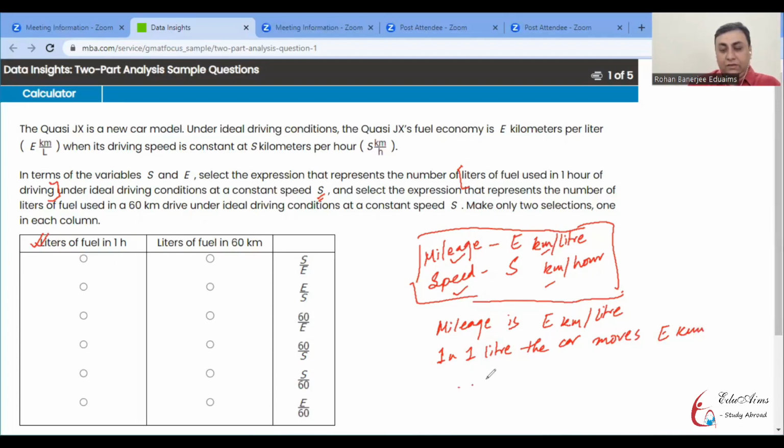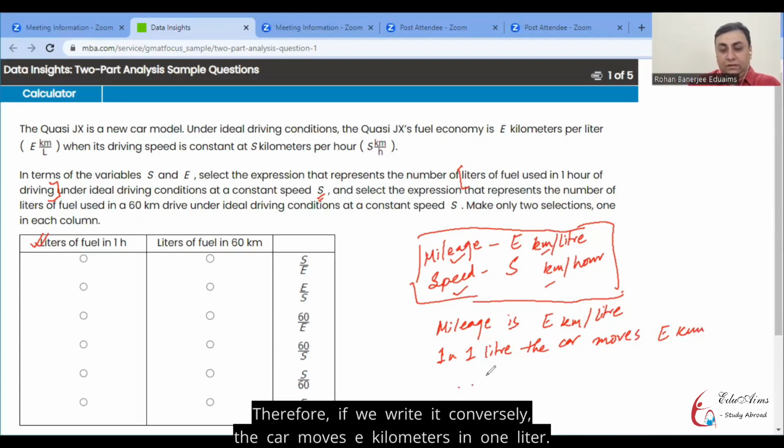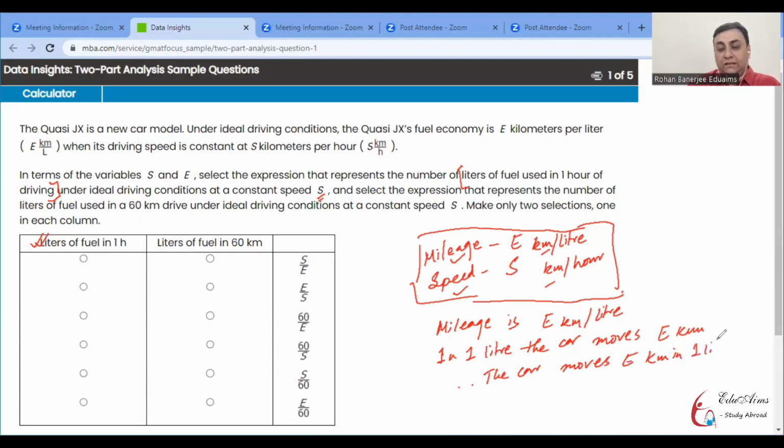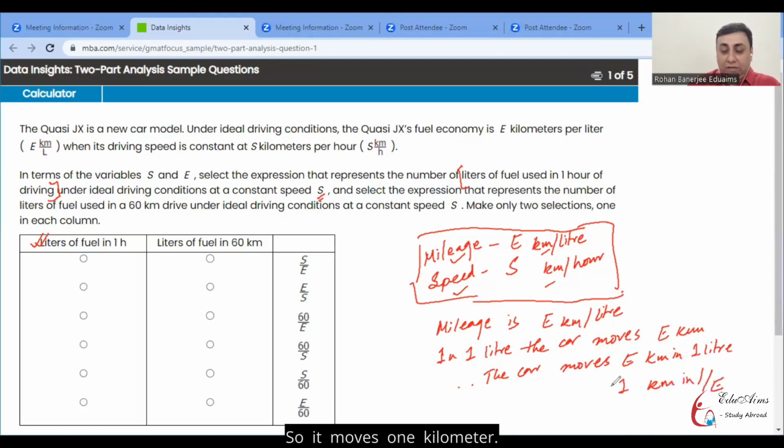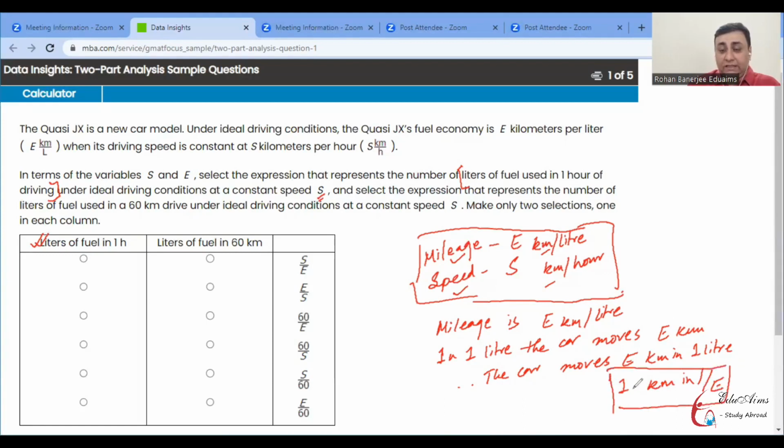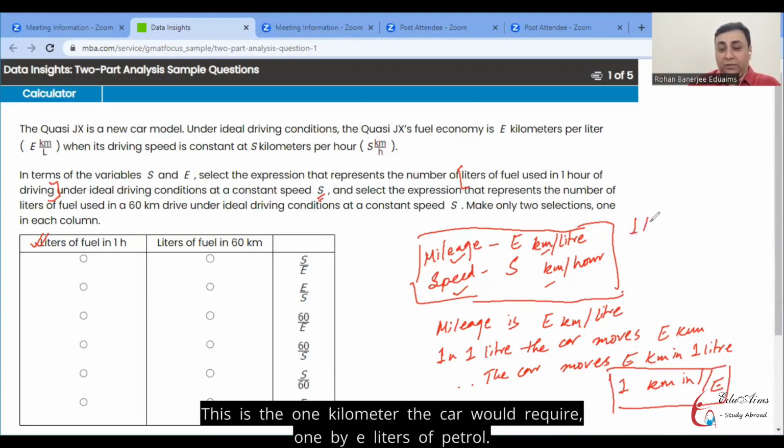Therefore, if we write it conversely, the car moves E kilometers in 1 liter. That means the car moves 1 kilometer in 1 by E liters. So this is the 1 kilometer.